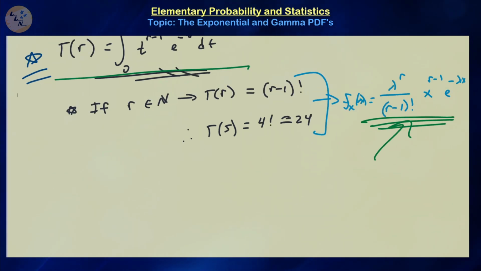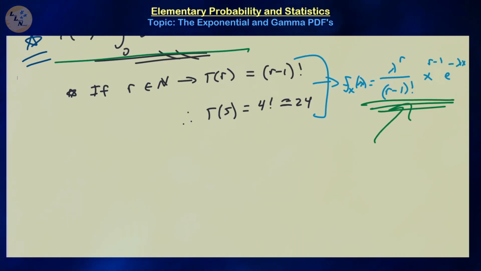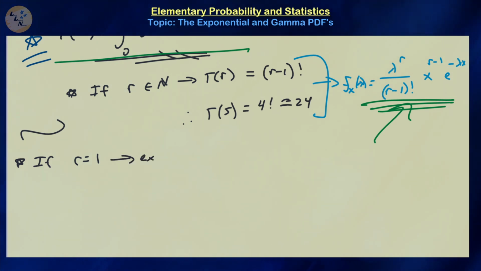So if this is the case, how do we use it and how do we interpret it? Remember, if r is equal to 1, so if we only have one exponential random variable, then this is going to be an exponential PDF, right?